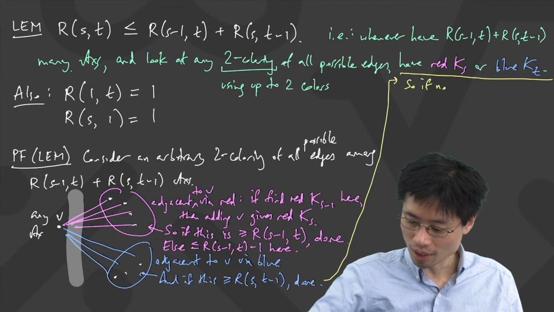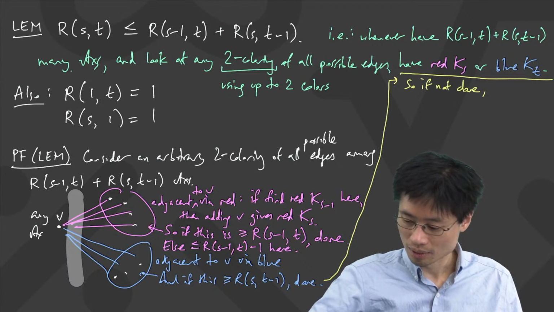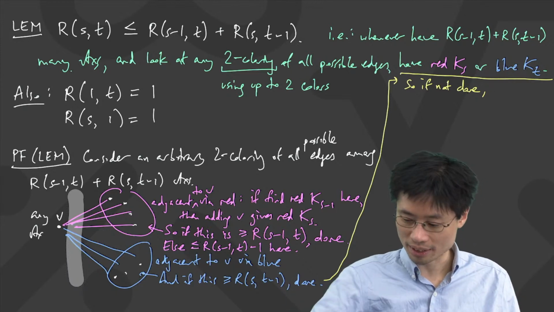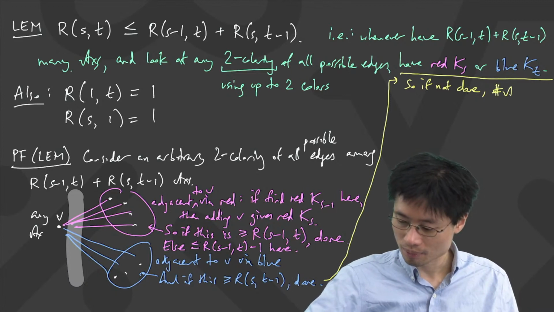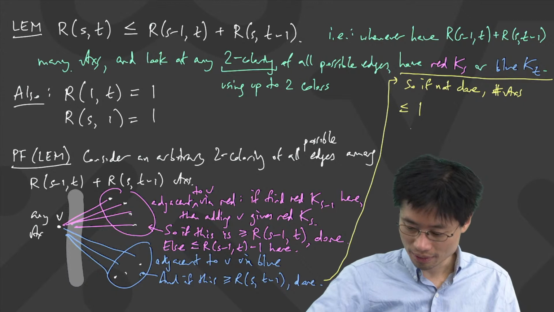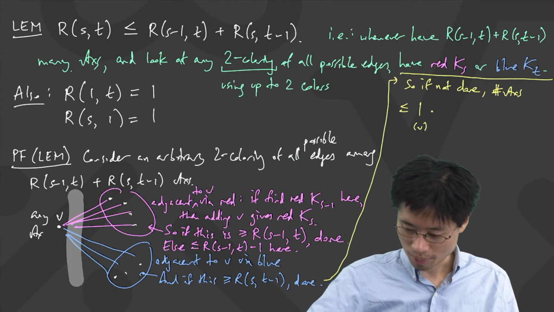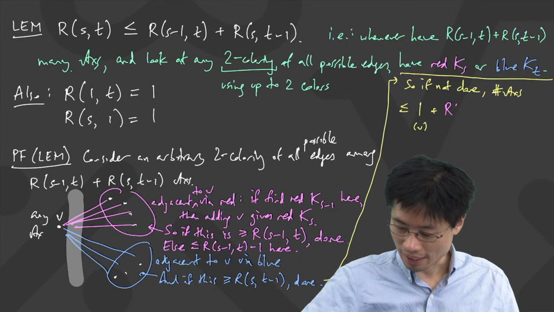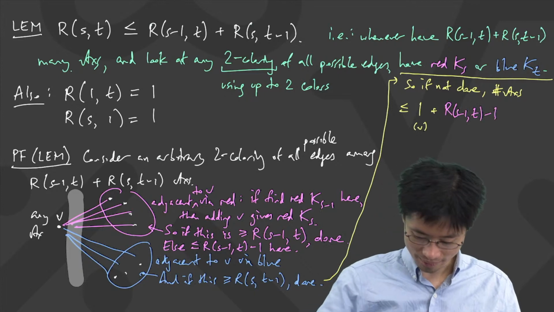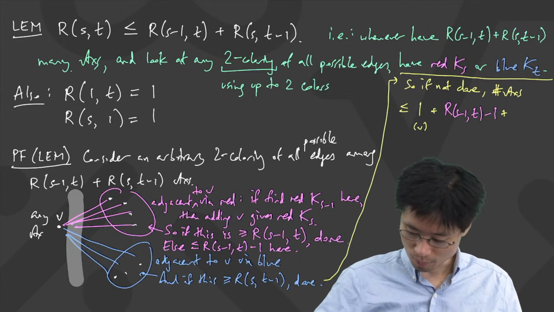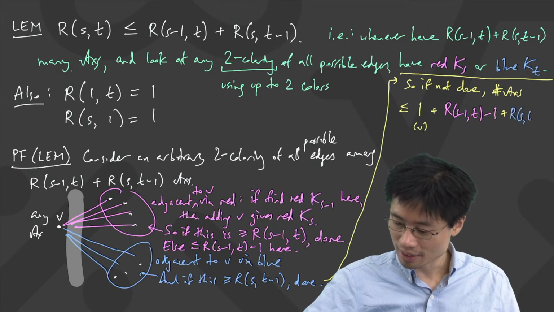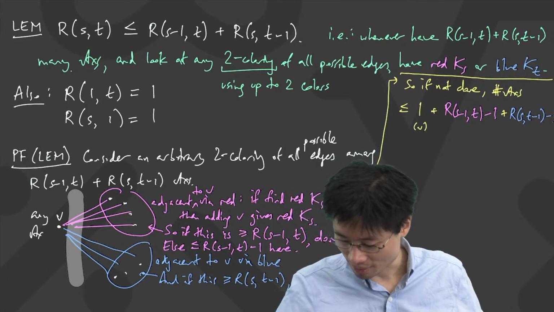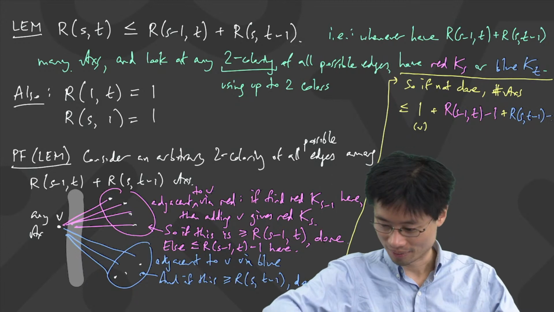So if not done, then the number of vertices that we have is less than or equal to 1, that's for the vertex v, plus r(s minus 1, t), I'll use colors, plus, using the blue, r(s, t minus 1), minus 1, minus 1.